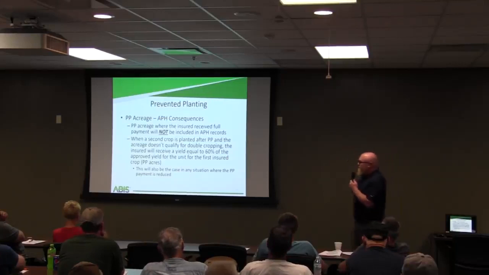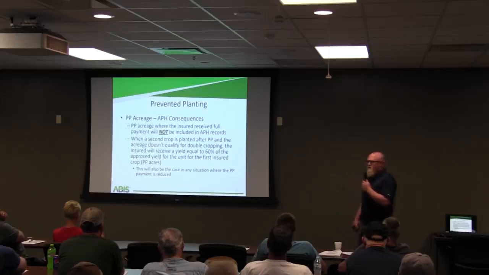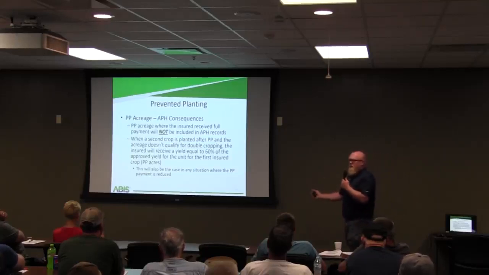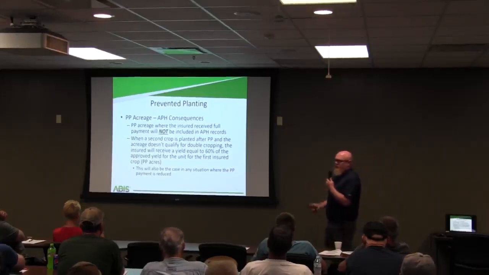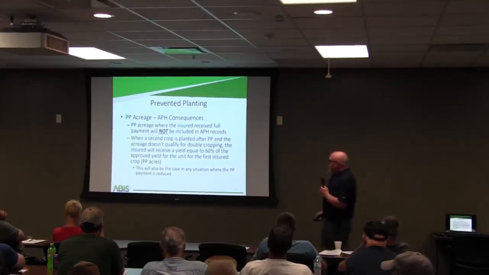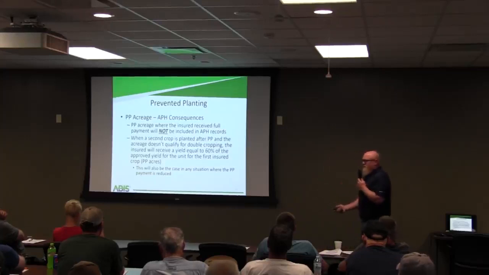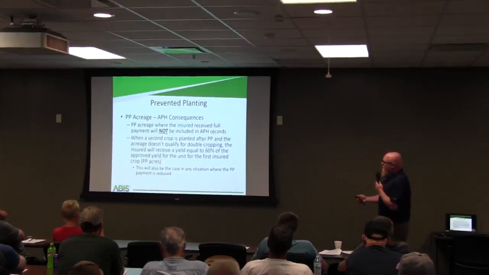So that's certainly something you'll want to take into account when looking at planting prevented plant, for example, on corn, and then looking at planting beans on that same acreage after the fact. And this is also going to be the situation anytime prevented plant payments are reduced.